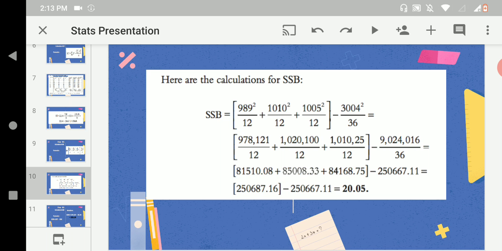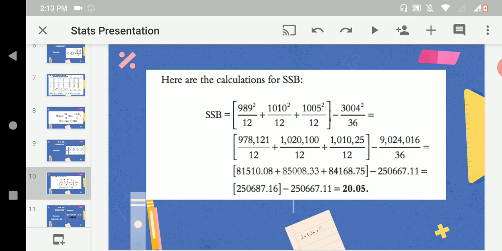Minus 9,024,016 divided by 36 is 250,667.11.